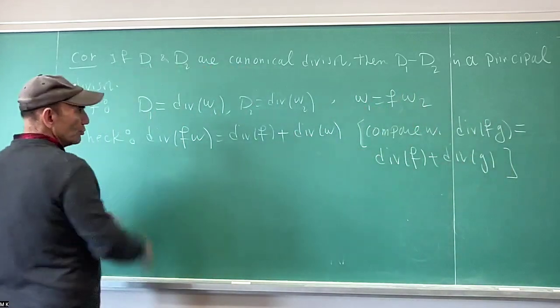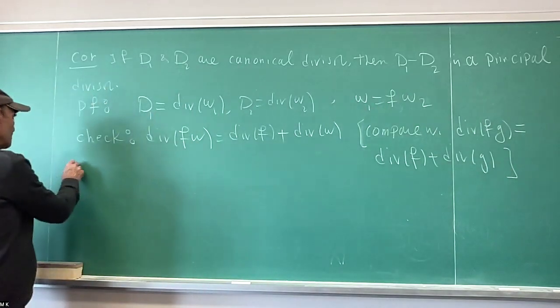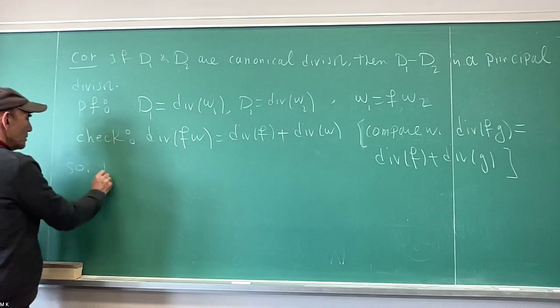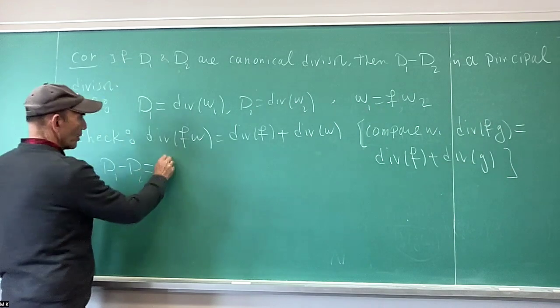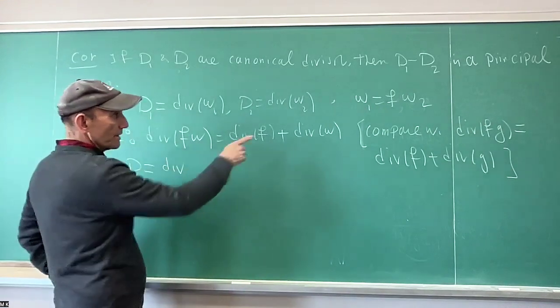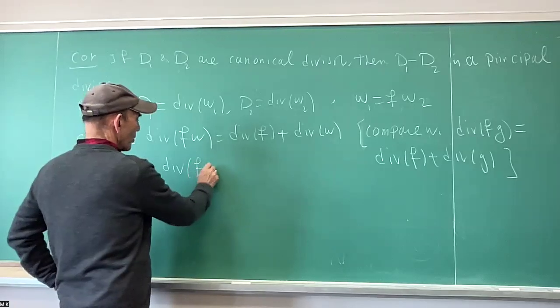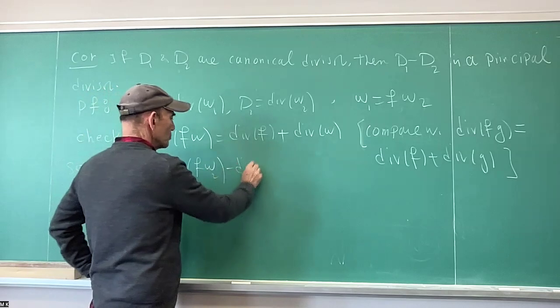So once you use that, we can just say, okay, what is D1 minus D2? D1 minus D2 is equal to the divisor of omega 1, which is F omega 2, minus the divisor of omega 2.